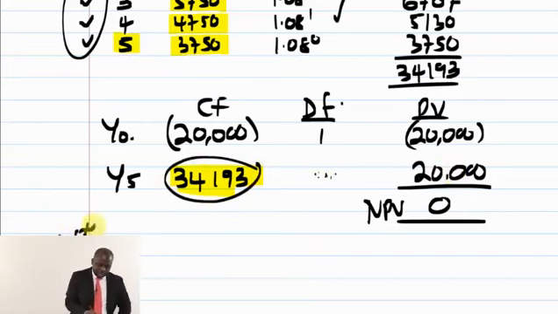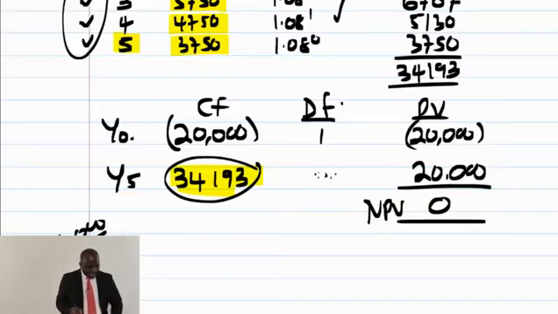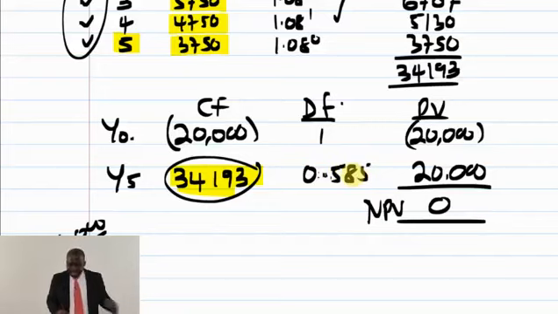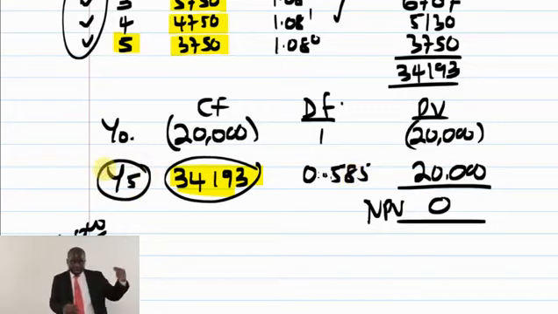Simply, it should be 20,000 divided by 34,193. And that is given as about 0.585.